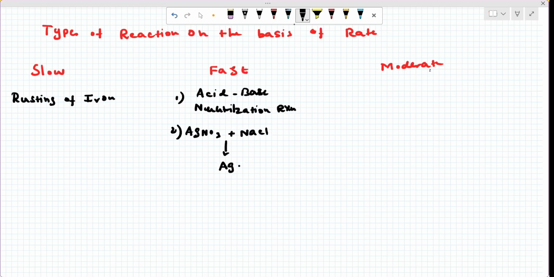It's a very, very fast reaction. What is the name of the reaction? Precipitation reaction. Moderate reaction: inversion of sugar. Now this is classified based on the rate.